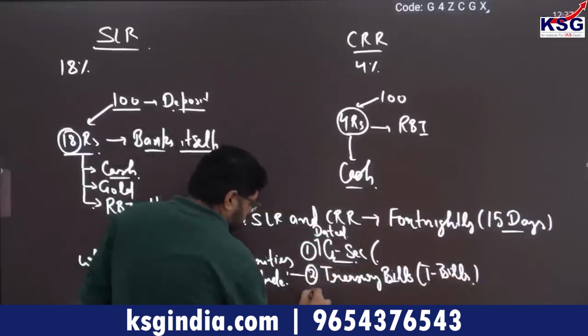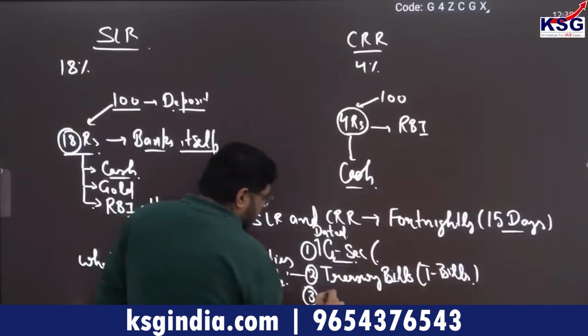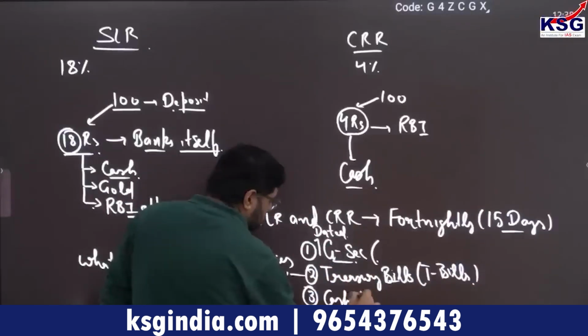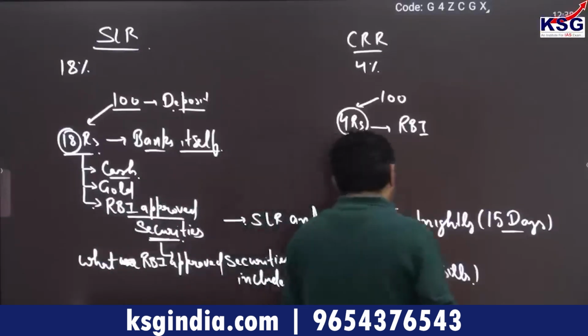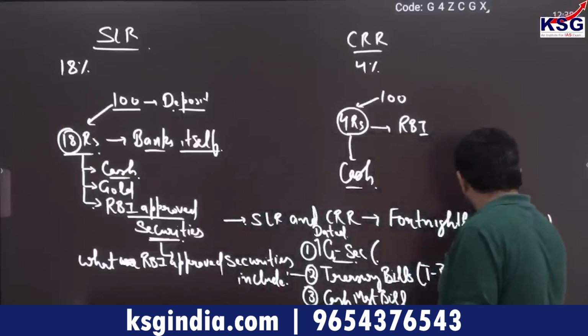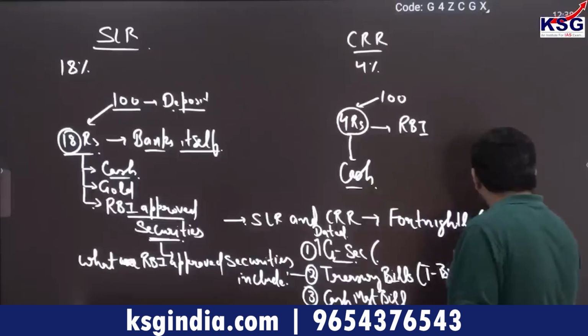Number 3, there is the cash management bill. And number 4, there is the state development loan.